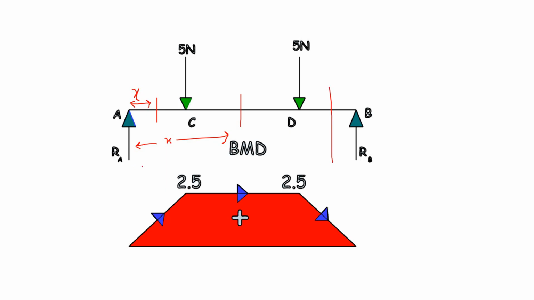Another one is for the cut at this location, where you take X. Then you frame the equations. For the first equation, the X limit is between 0 to 0.5. For the second equation, it is between X equal to 0.5 to 2.5. And for the third equation, the limits of X are between 2.5 to 3 meters.